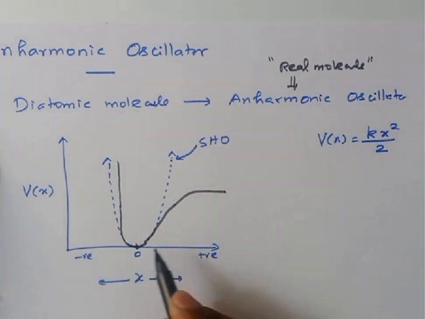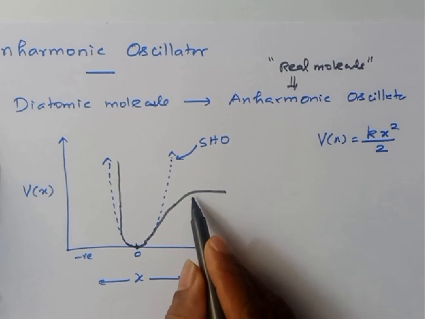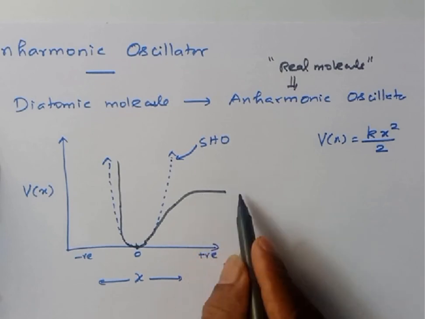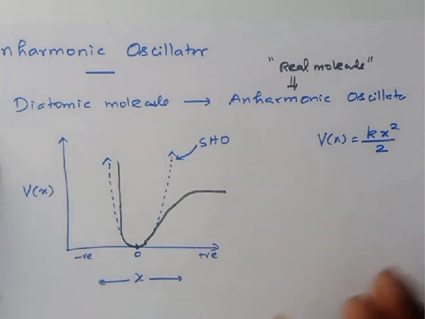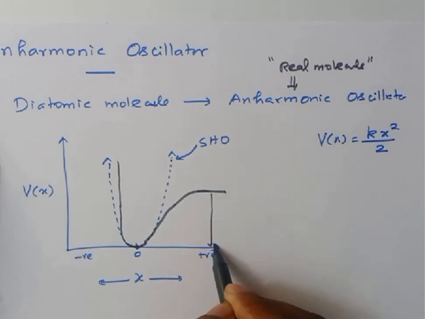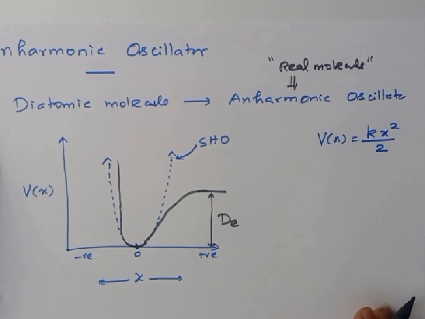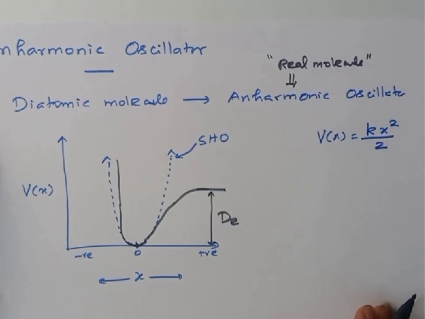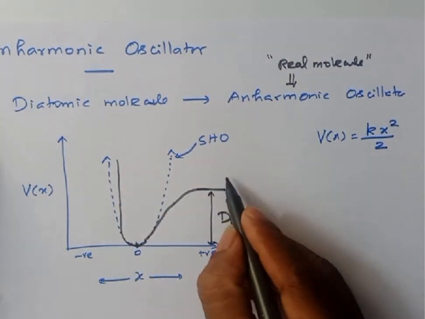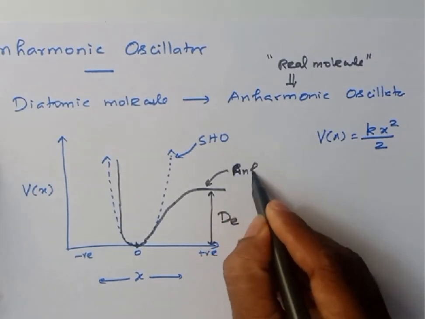If you elongate the bond, after a certain distance the potential energy becomes constant. That means the bond breaks. This energy, from 0 to this level, we call the equilibrium dissociation energy of the molecule. So this is the potential energy function for a real molecule or anharmonic oscillator.